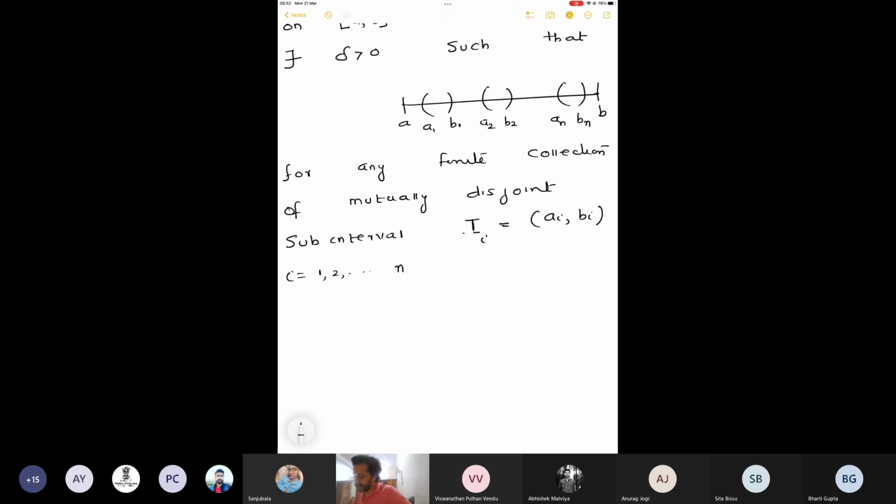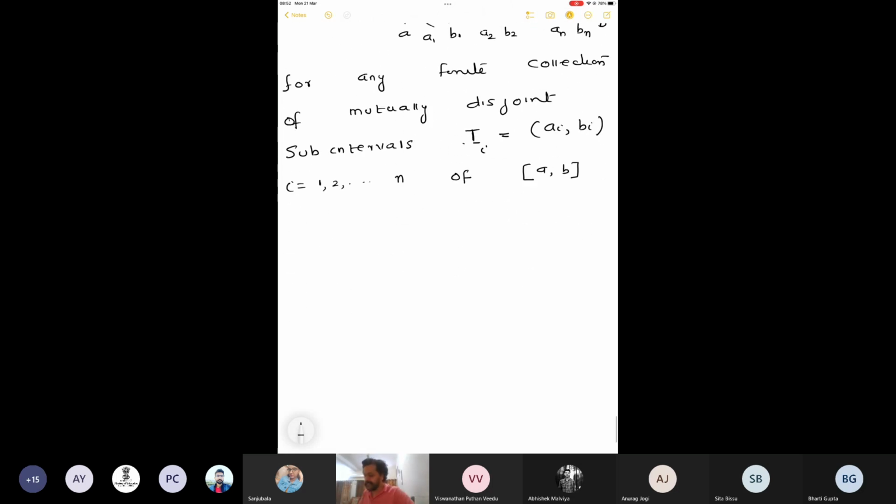For any finite collection of mutually disjoint subintervals I_i of interval AB, summation b_i minus a_i, i equal to 1 to n, less than delta implies summation i equal to 1 to n modulus of g of b_i minus g of a_i is less than epsilon.